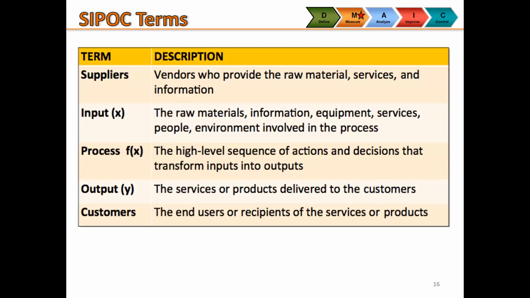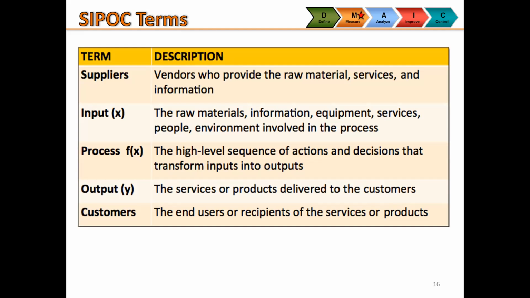Suppliers are vendors who provide either raw materials, services, information. Inputs are the raw materials, the information, the SOPs, the work instructions, the equipment, the services, the people that are involved in the process. The process, now the F is, Y is a function of a bunch of X's.